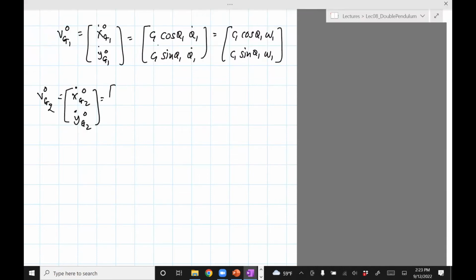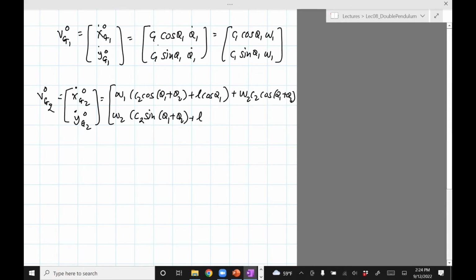So it comes out to omega 1 C2 cosine theta 1 plus theta 2 plus L cosine theta 1, plus omega 2 C2 cosine theta 1 plus theta 2, and then C1 C2 sine theta 1 plus theta 2 plus L sine theta 1.